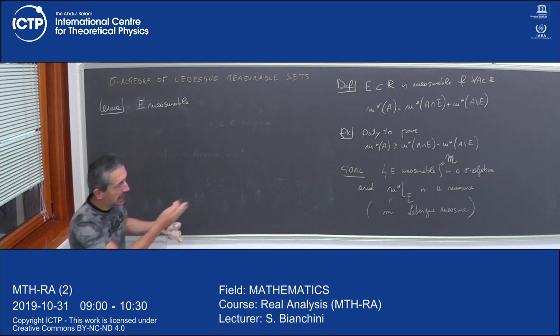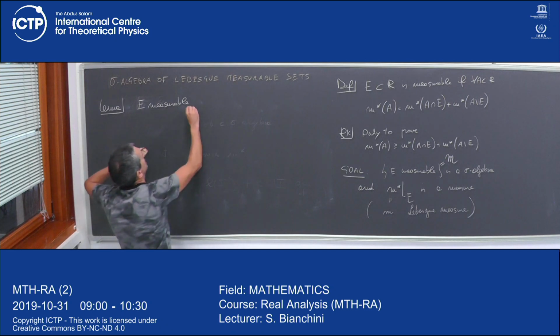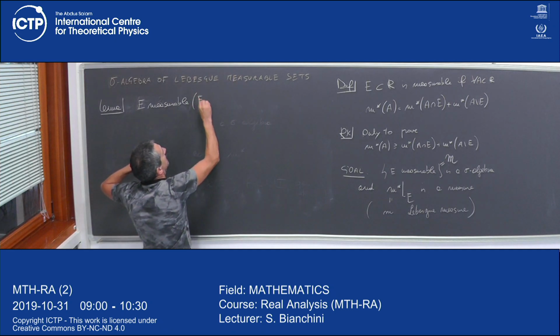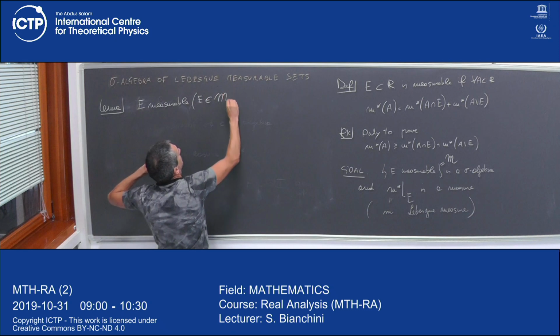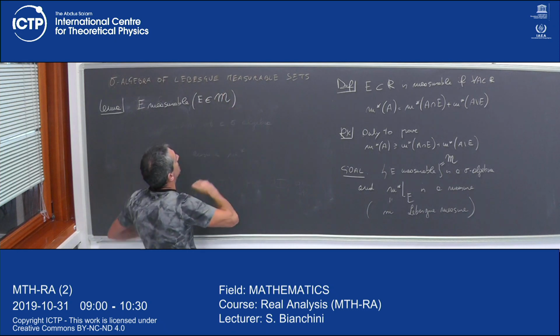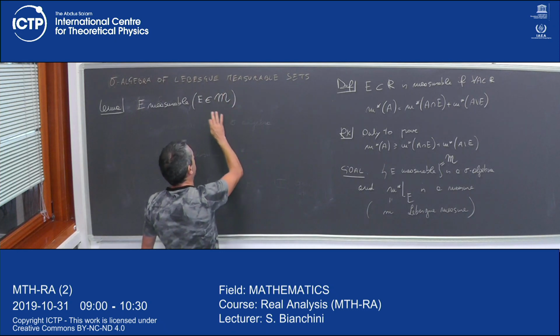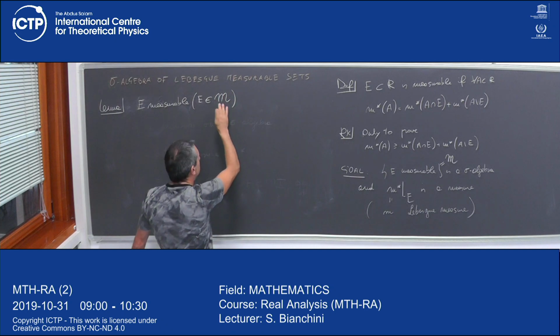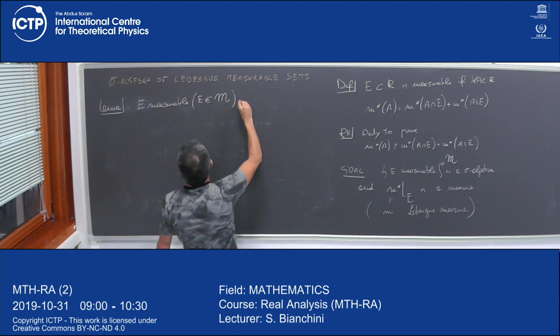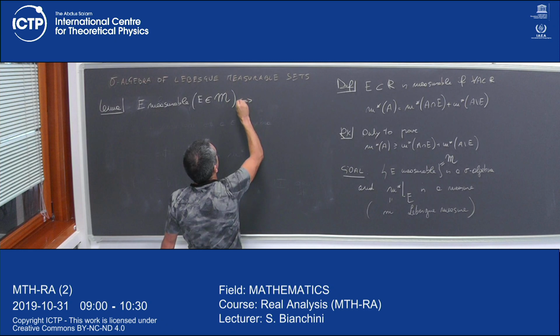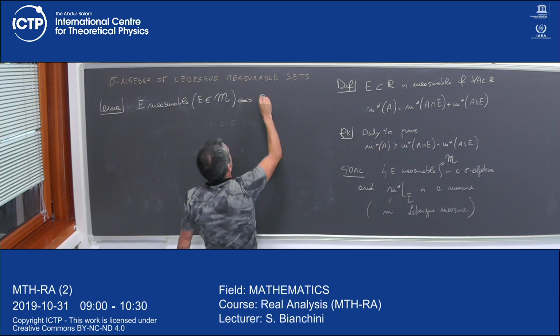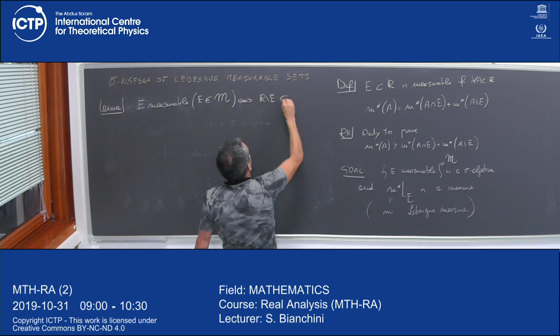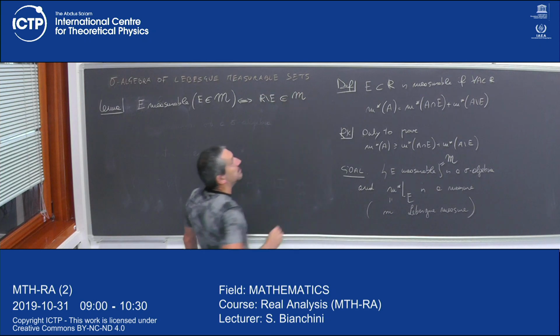At the end, this will be the reflexive margin. Which means E belongs to this class, let's be correct, to this family of sets. Then R minus E is measurable.